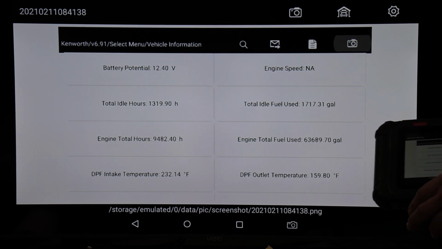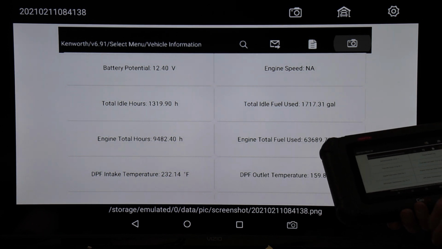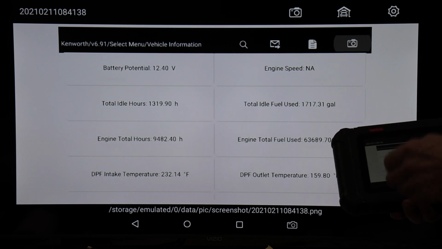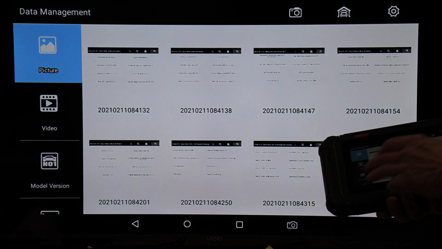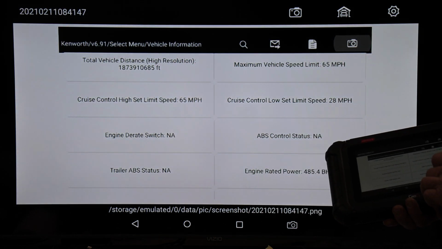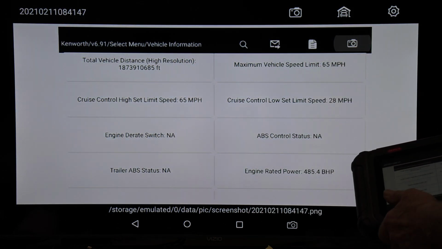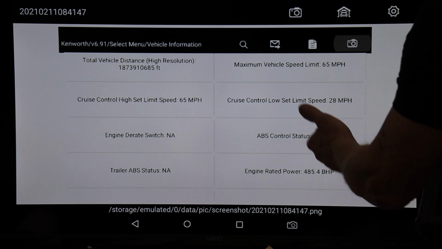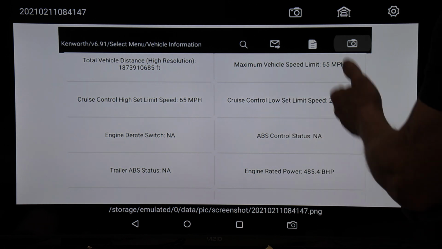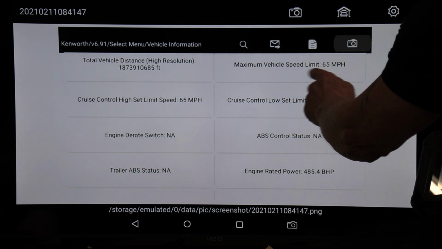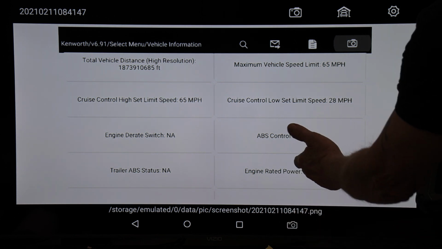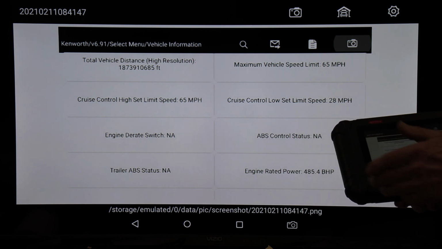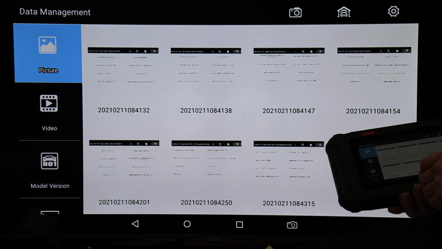As you can see, I can keep on going on and on, and it's endless, the amount of information you can gather from this vehicle. I believe I left off over here. Another continuation: ABS control status, cruise control, maximum vehicle speed limit, 65 miles an hour. Engine rated horsepower. Again, I have a lot of information and I'm going through it rapidly.